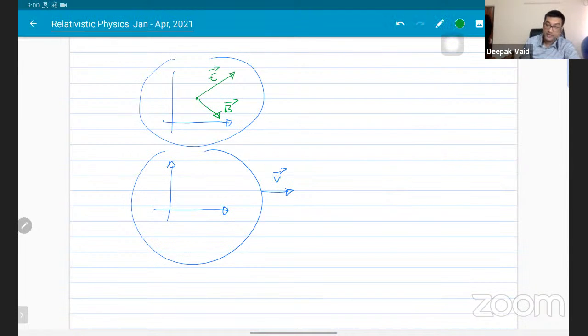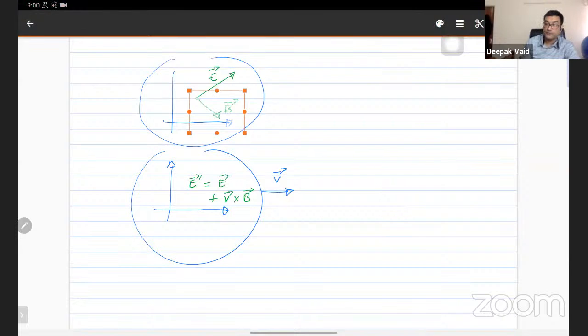Because of this relative motion, there will be a component of the electric field in the new frame of reference, to which you get a contribution from the magnetic field in the original frame.